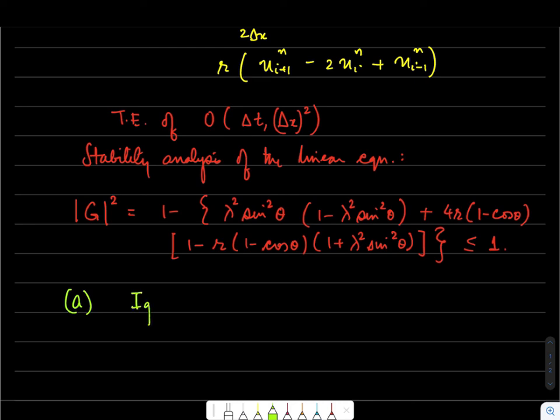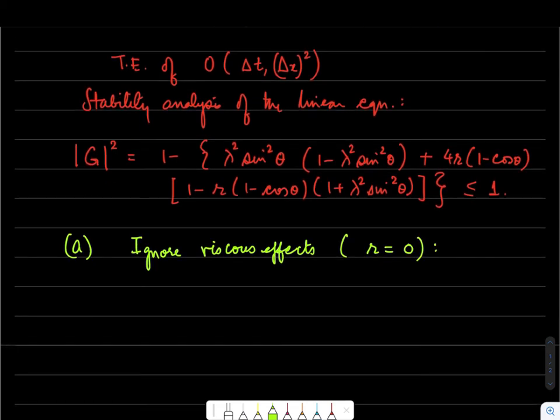Let's say we ignore the viscous effects, which would mean that r is 0. In that case, you can prove that the following criteria should hold. When you put r to be 0 here, this whole term vanishes, and so I have put a 0 there corresponding to that number, and then you are only left with this equation.